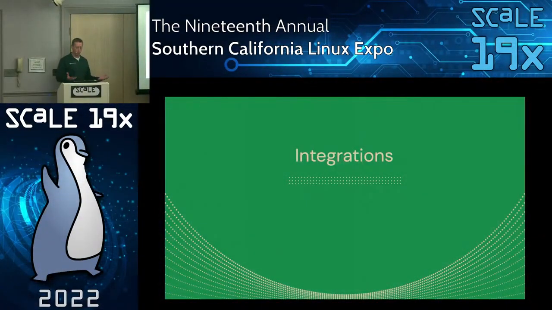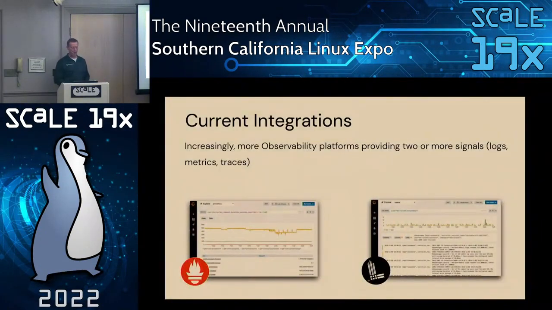So then we moved towards integrations, and there are a lot of systems out there now that are providing integrations based on having two or more of those signals joined together. So you might have metrics and traces, you might have logs and traces, you might have metrics and logs, whatever the combination is. Some of them have all three.